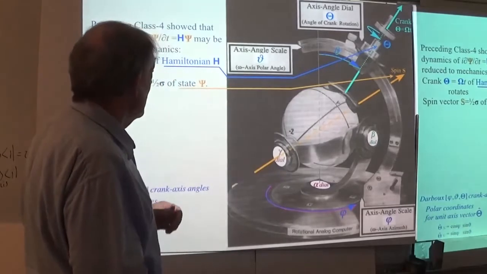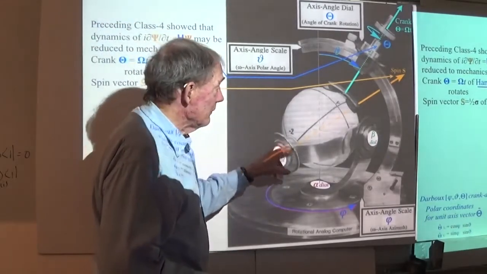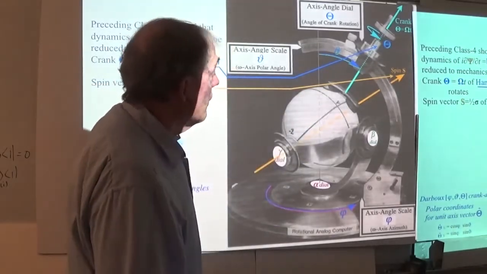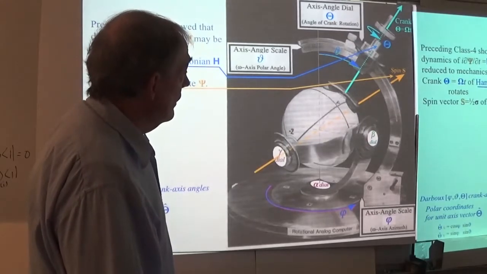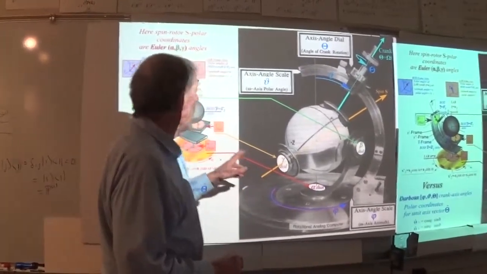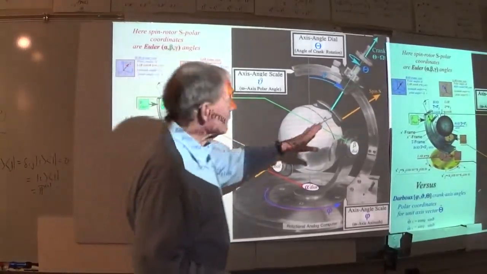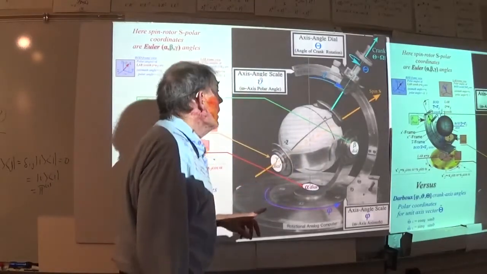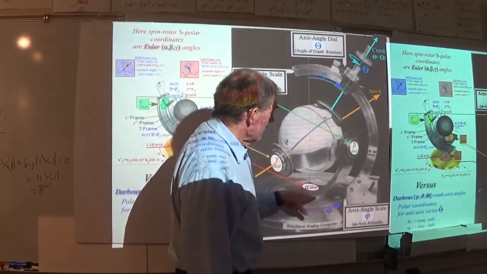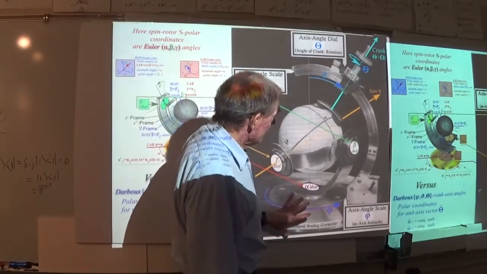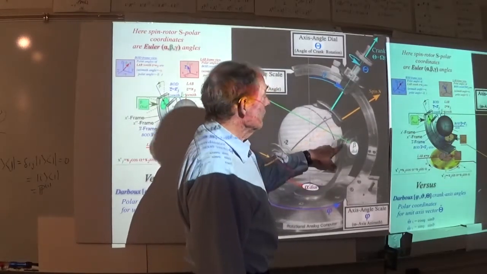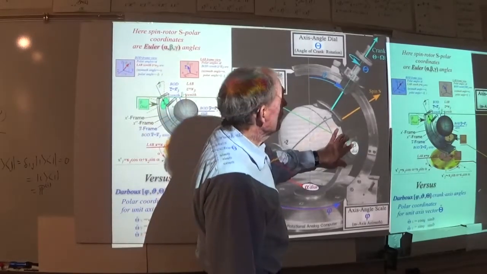Similar arguments apply for the actual thing that's the victim of this crank or time evolution operator, and that is the device itself with the spin vector attached to it, but the spin vector has three polar coordinates consisting of first the azimuth right here, and now this is a dial attached to the laboratory that's measuring this frame, literally an aluminum frame that holds the axis for the polar angle, beta.